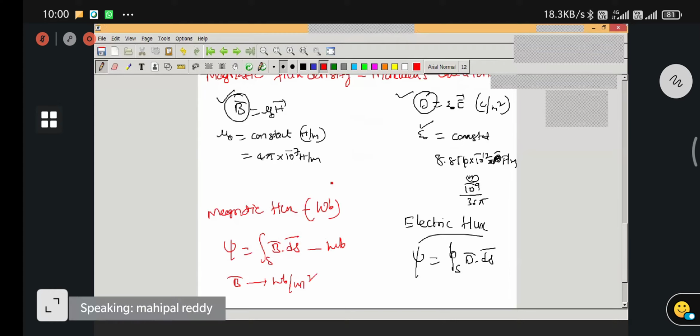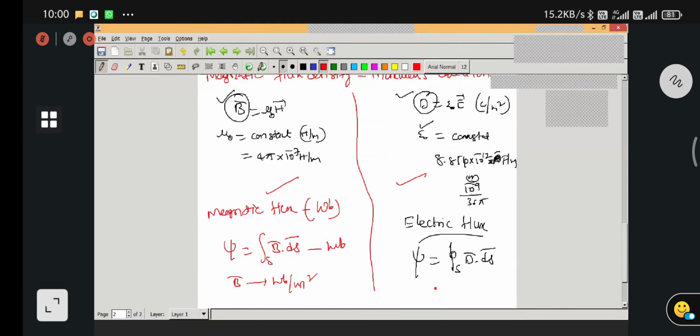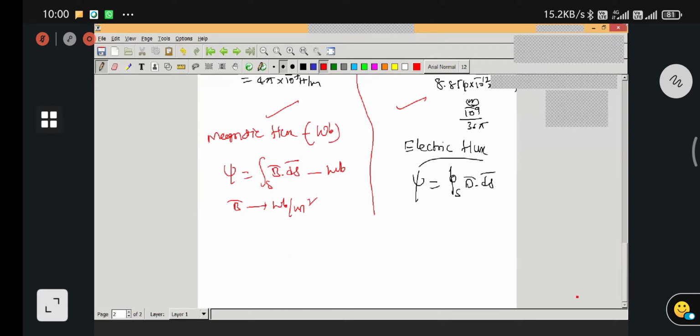This is the magnetostatic field, and this is the electrostatic field. Just comparing magnetic field and electric field. Then after that we discuss the magnetic flux line.